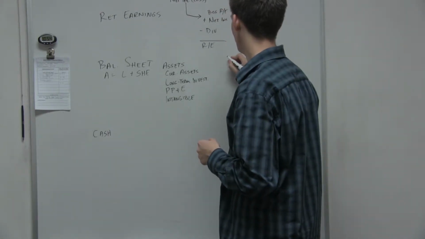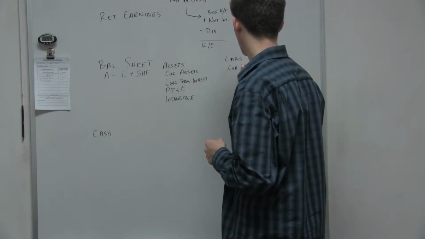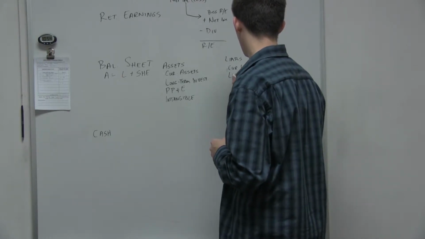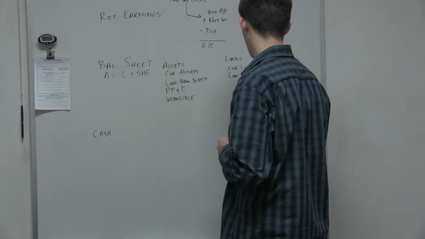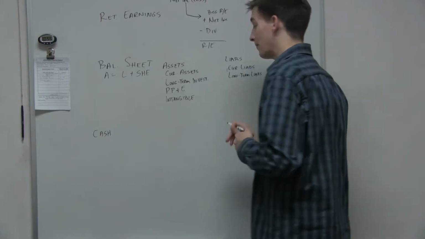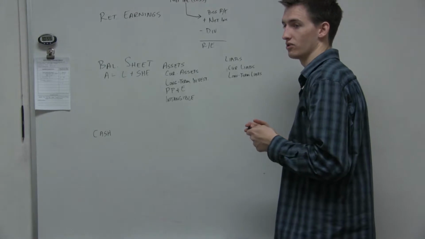What goes in our liabilities section? Current liabilities, long-term liabilities. I'm a little confused about where bonds payable would go. Would that go under long-term, or does it depend on the life of the bond? It depends.